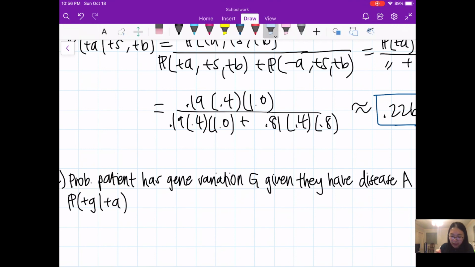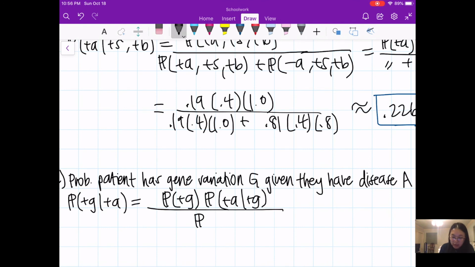And that has been mentioned in the past before, and if we apply that formula we will get the probability of plus G times probability of the opposite condition, so plus A given plus G, over the sum of plus A. And we can do the same thing, right?